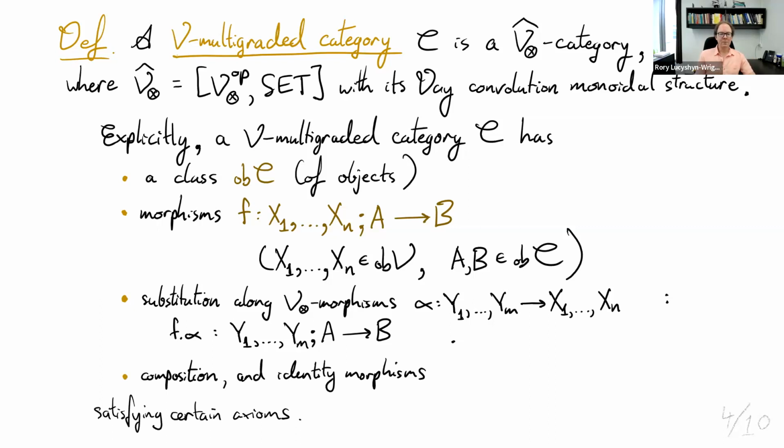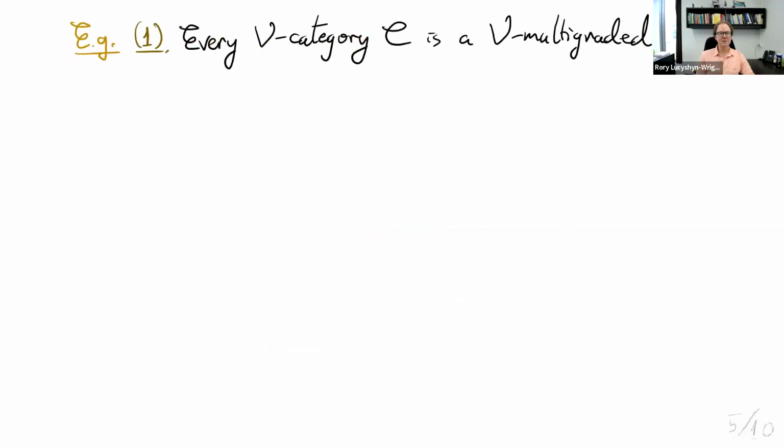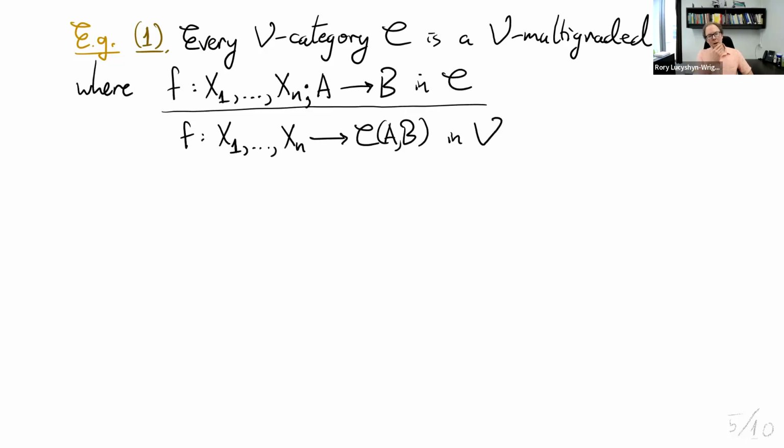And the great thing about V multi-graded categories is that they not only generalize V categories. So first of all, every V category C is a V multi-graded category. How does that take place? Well, we need to take our V category and describe what the V multi-graded structure that it carries would be. So we need to say what a morphism f in context x1 through xn from A to B would be.